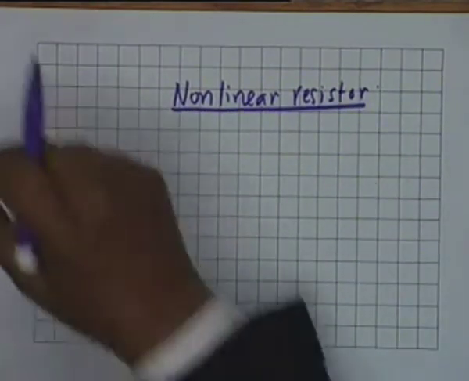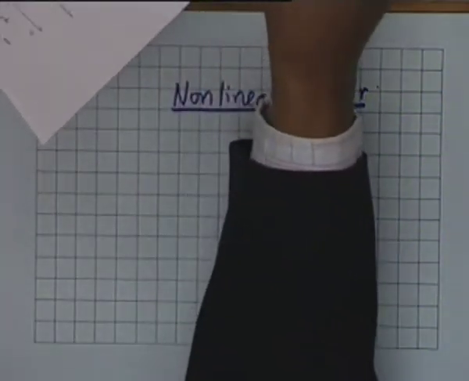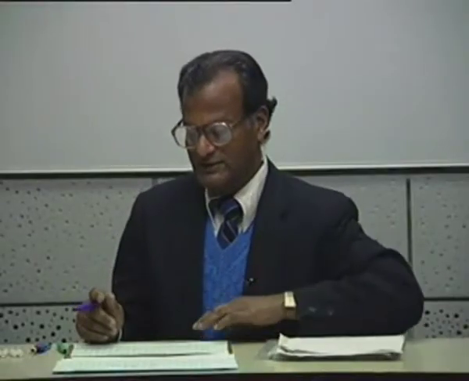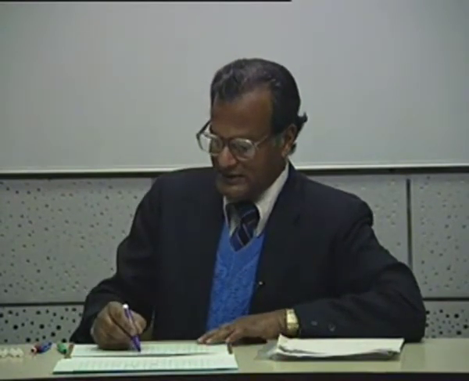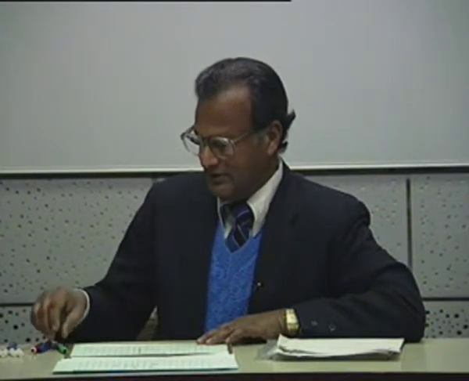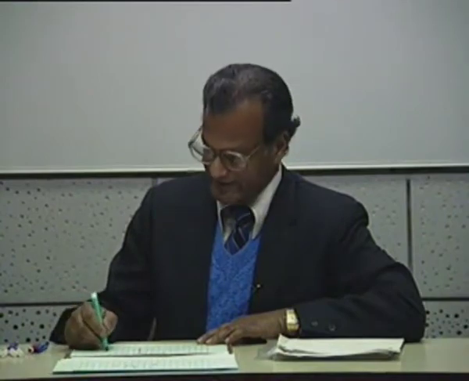How does one characterize a non-linear resistor? Well, one of the ways is to use, instead of an analytical method, a graphical method. For example, suppose we have a diode in which the VI characteristic is like this.